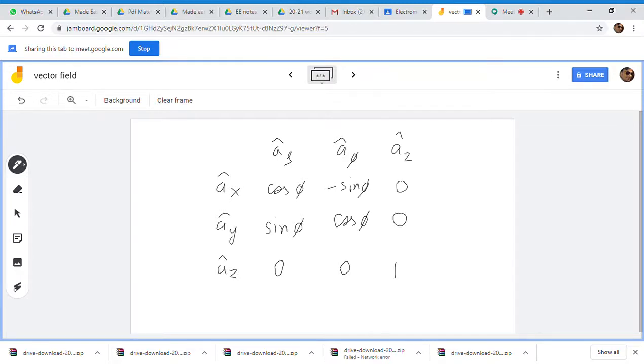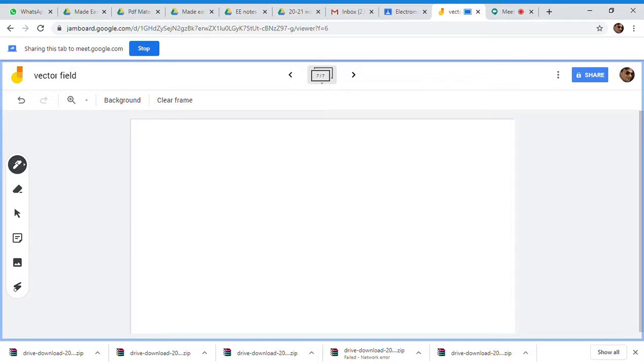So this is in cylindrical and this is in rectangular. Okay, and you can also write for spherical as well. So for spherical I am also writing the matrix: a r, a theta and a phi, and here ax, ay and az.